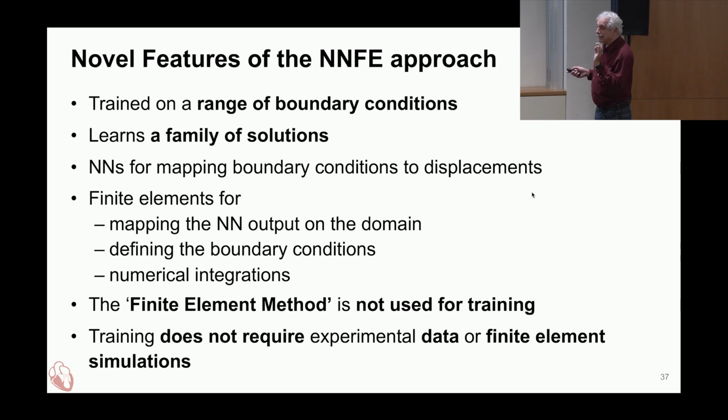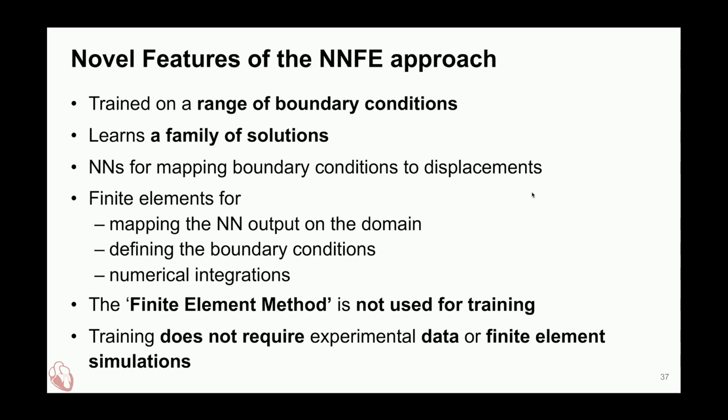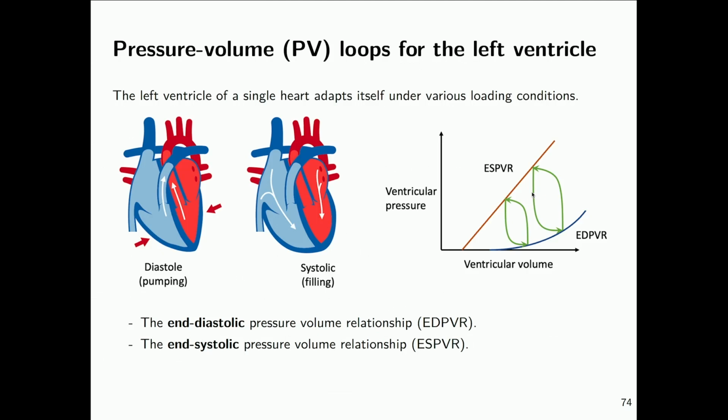We use the finite element method to perform the mapping, define the boundary conditions, use numerical integration, all the standard stuff that we all know and love. The finite element method is not used for training, and there's no actual global stiffness matrix or anything like that. It does not require experimental data or finite element simulations. Now, we tried it out to see, can we do this on a functioning heart?